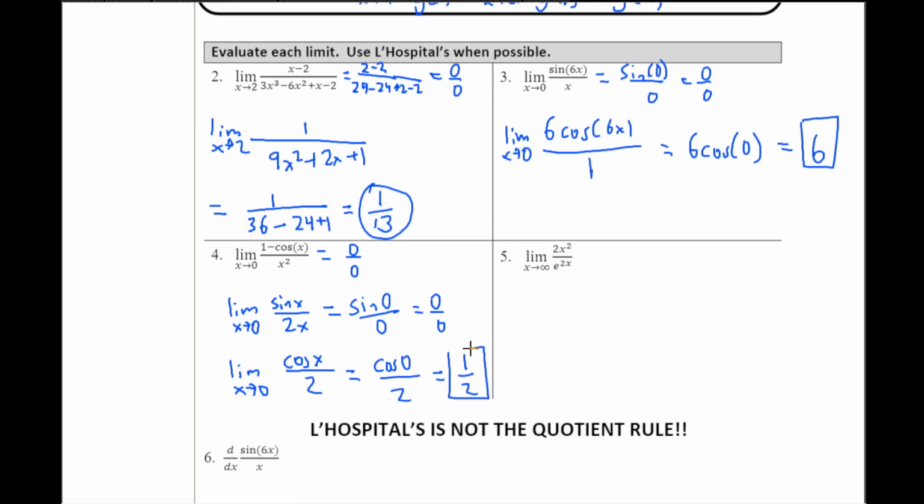So you can use L'Hopital's rule once, twice, as long as when you try direct substitution, you get a 0 over 0 or an infinity over infinity. So if you try plugging in infinity here, the top goes towards infinity, and the bottom also goes towards infinity. So we can use L'Hopital's rule. Take the derivative of the top and bottom. We have 4x on top, 2e to the 2x on the bottom.